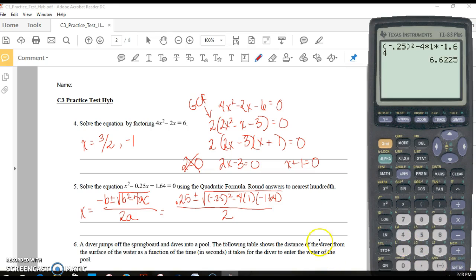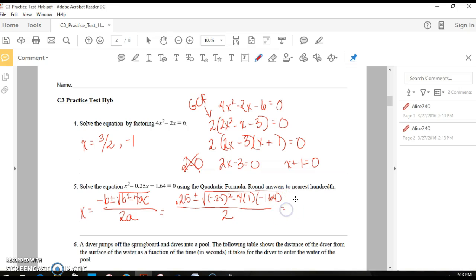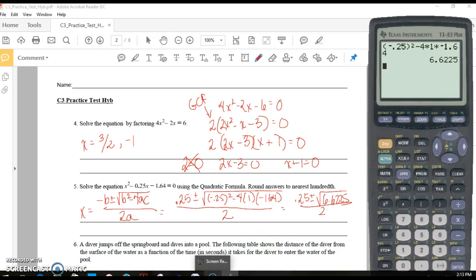That's what's underneath my radical, 6.6625, if I remember correctly. And it says round to the nearest hundredth, so I'm going to have to find the positive version. So 0.25 plus the square root of 6.6225 divided by 2 gives me, I want the hundredth, so 1.41.